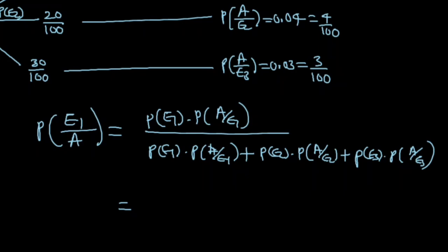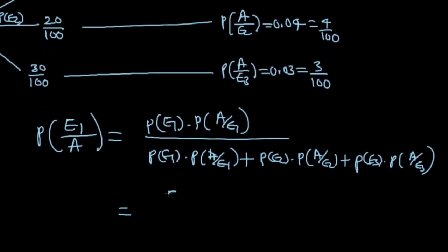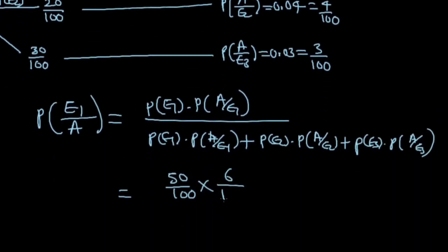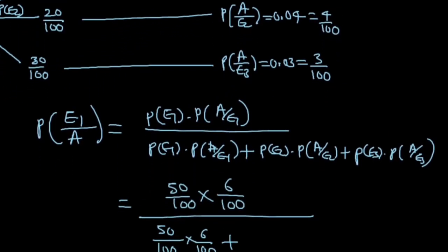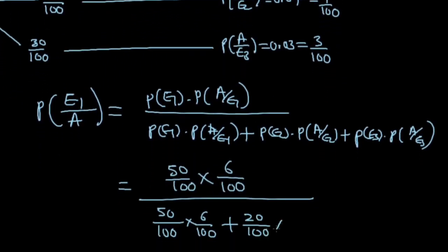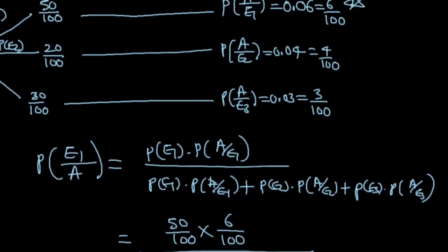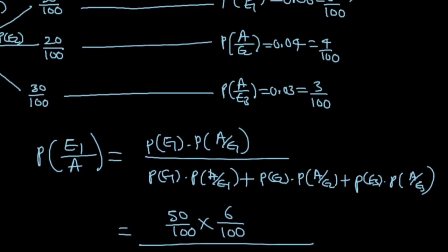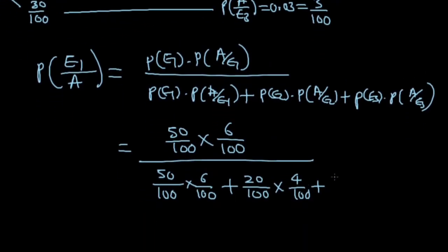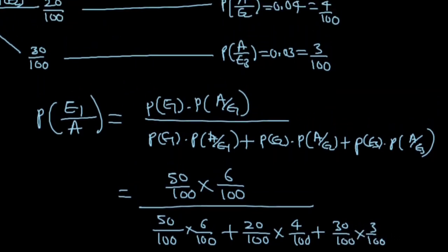So this is 50 by 100 into 6 by 100 whole divided by 50 by 100 into 6 by 100 plus 20 by 100 into 4 by 100 plus 30 by 100 into 3 by 100.